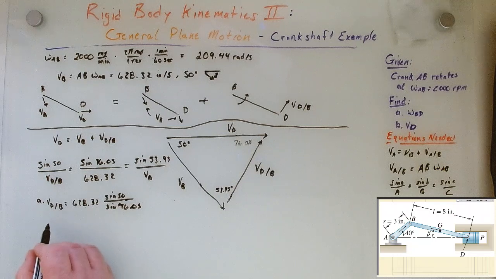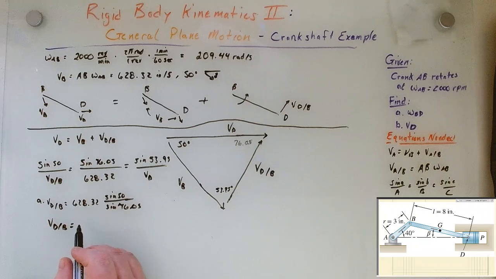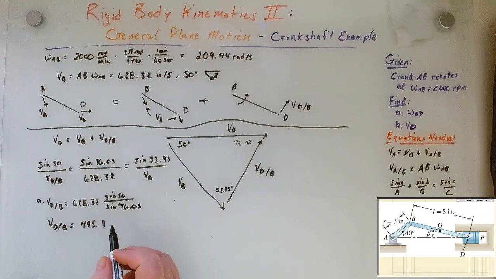That gives us that the velocity of D with respect to B is 495.95, and this is inches per second.